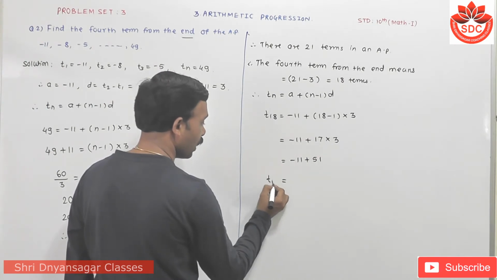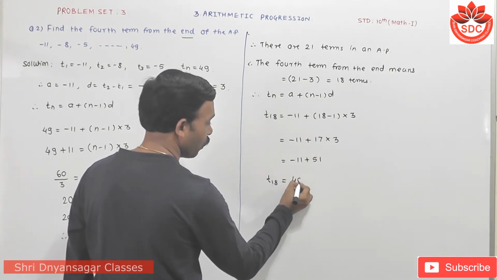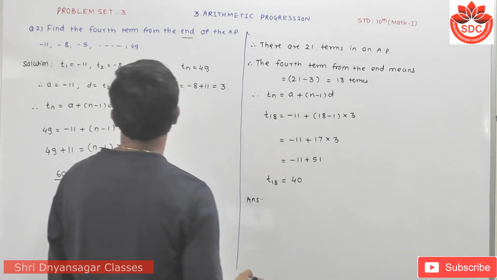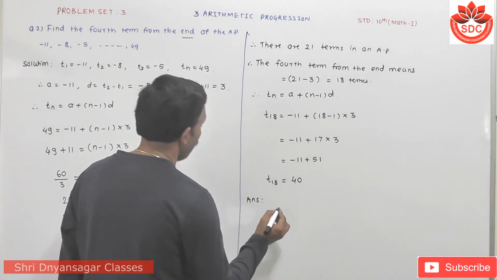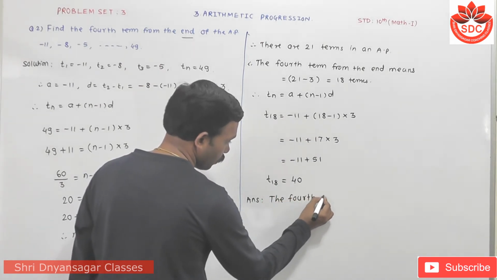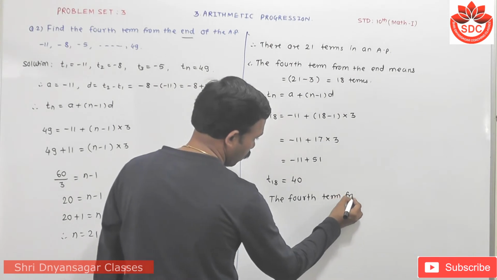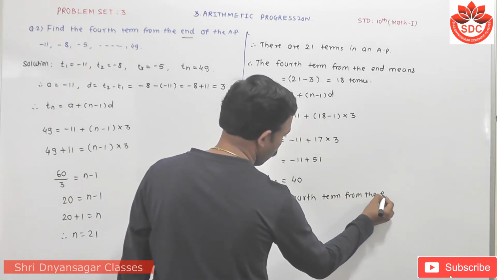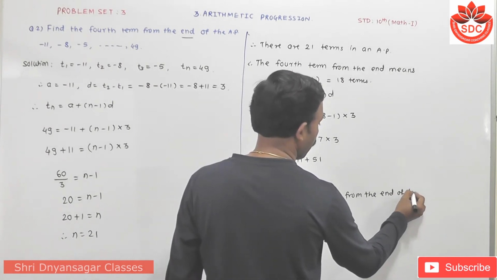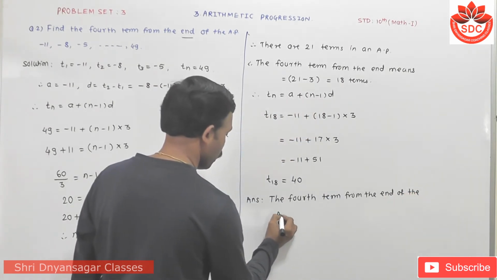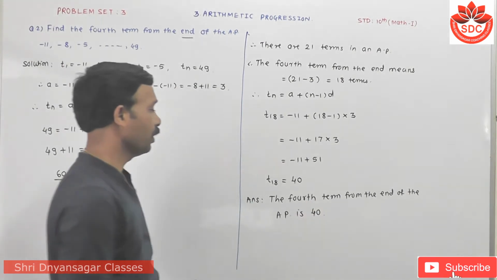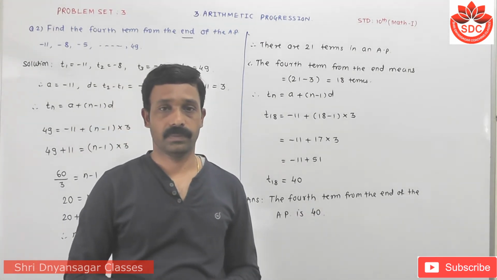When we add it, it becomes how much? 40. Therefore, the answer in a full sentence: the fourth term from the end of the AP is 40. Okay, we take the next question.